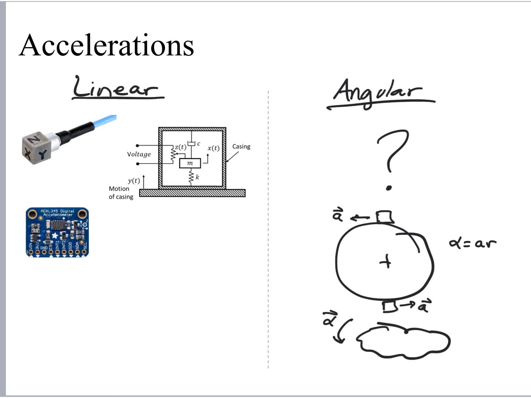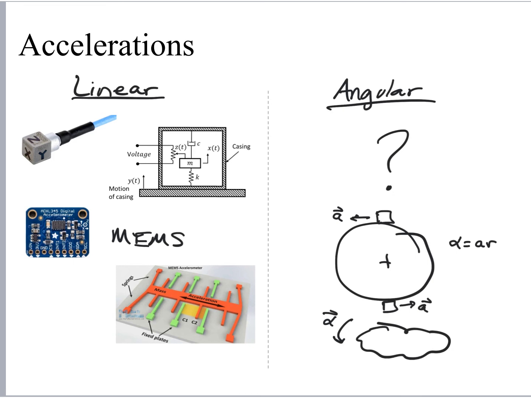Furthermore, these are built with, again, microelectromechanical systems. And so we don't actually fabricate separate springs, dampers, and so on. What we do is we fabricate some sort of a flexible element that makes it all in one.